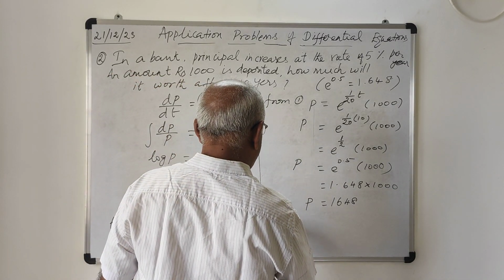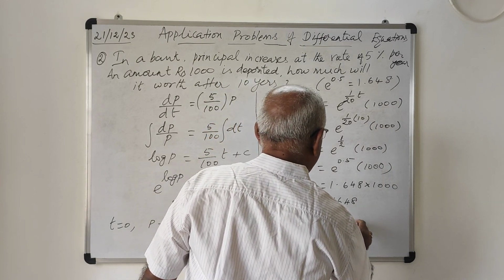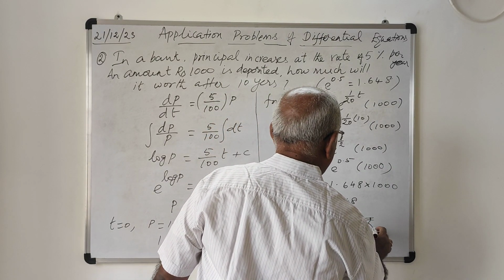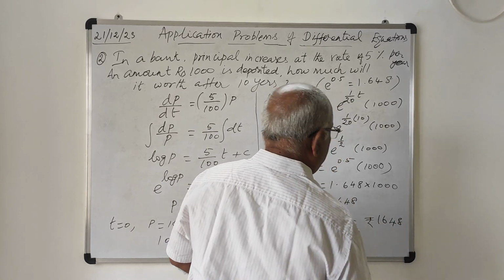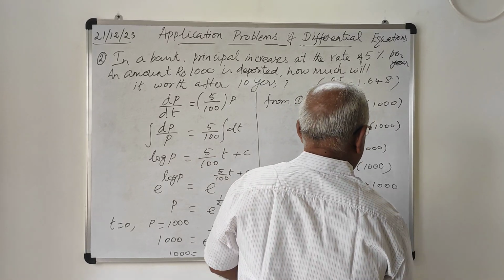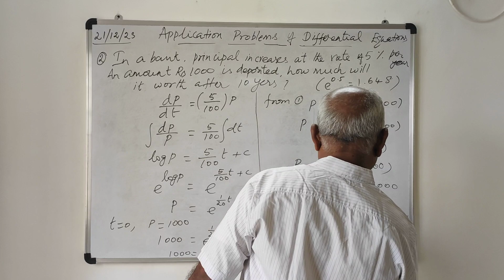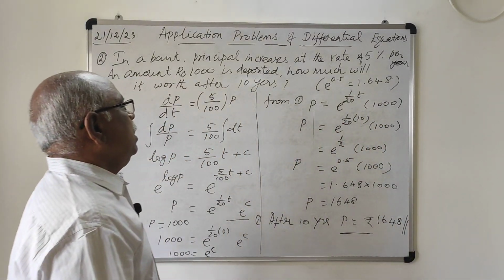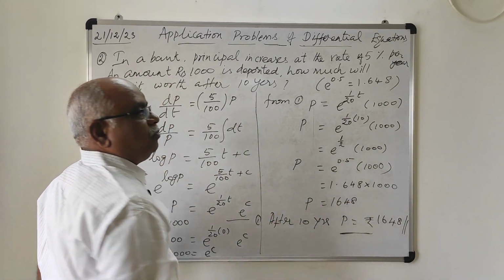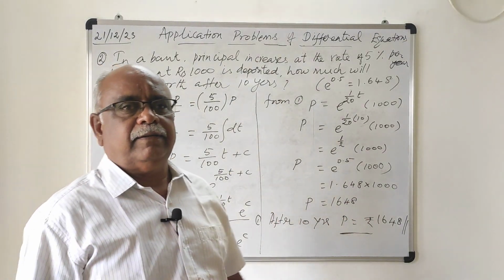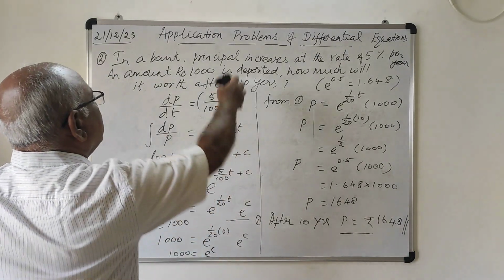So after 10 years, the principal P equal to rupees 1648. That is your answer. That's all about the problem. The amount increases from 1000 to 1648, and 648 is the gain.